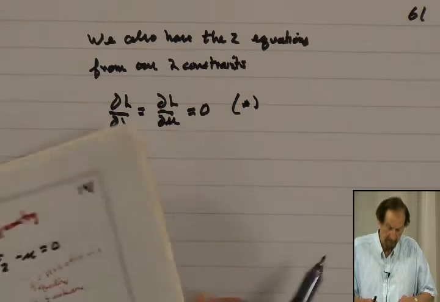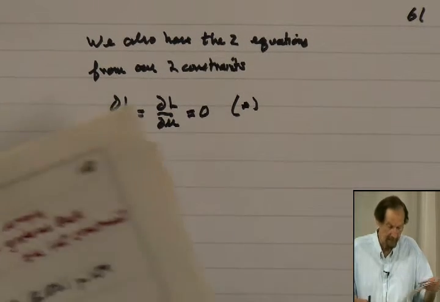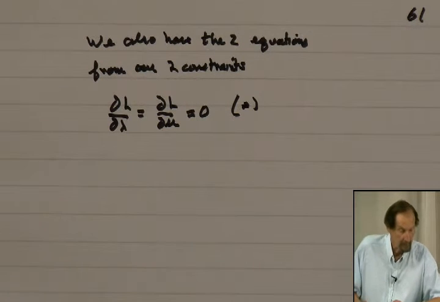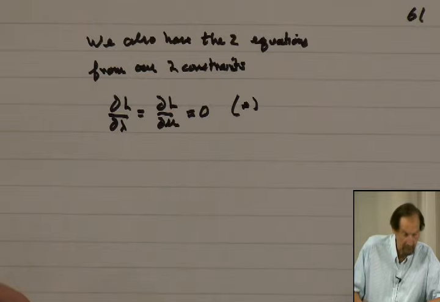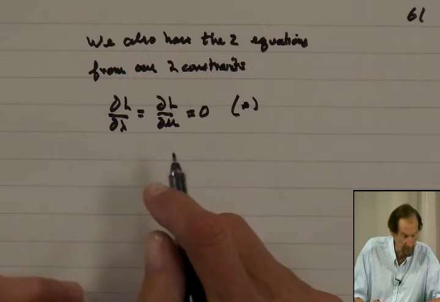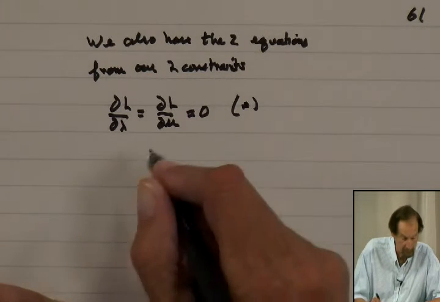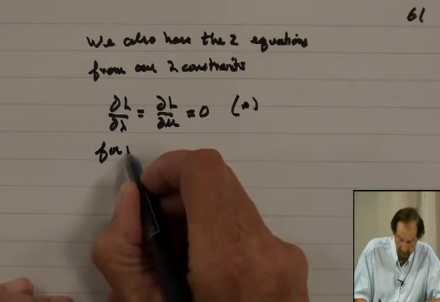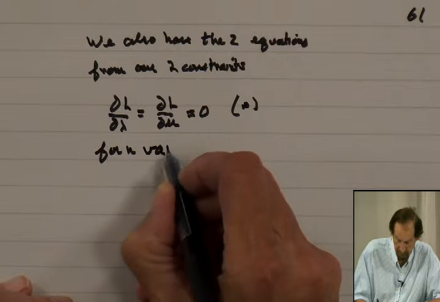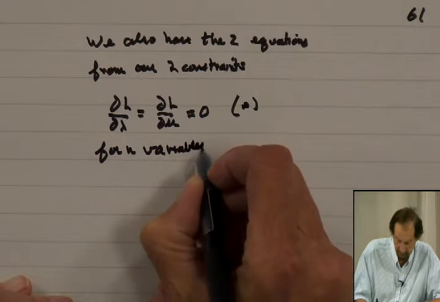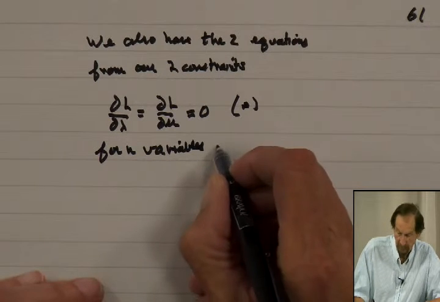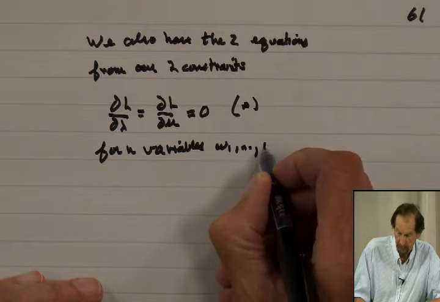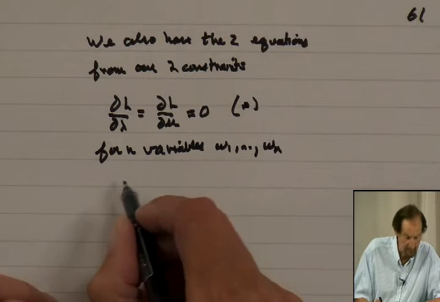And these are, in fact, easy. And let's look at them for n variables. Let's say W1 through Wn, we have the following.